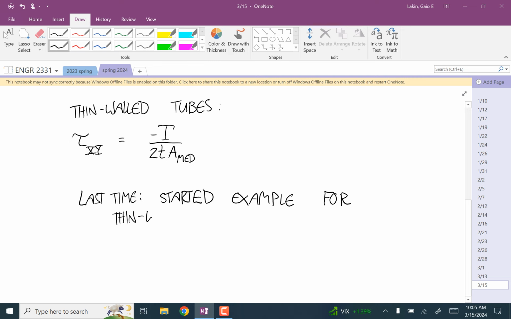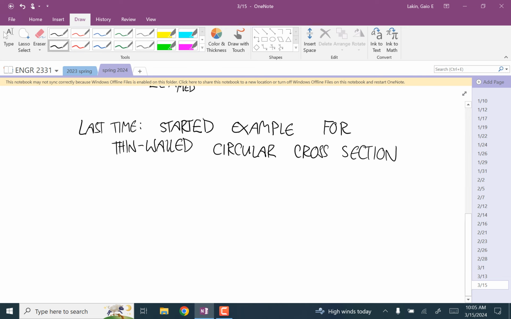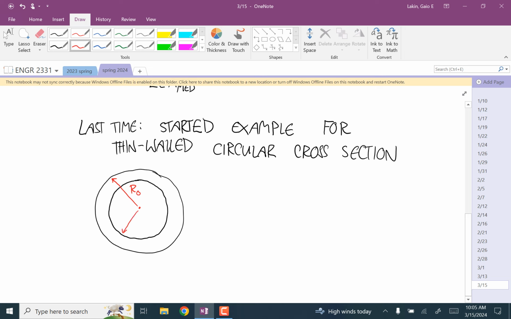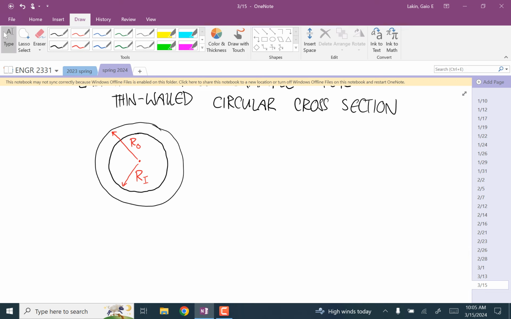So we're doing this for a thin-walled circular cross-section, where it looks like this. This is our outer. This is our inner. And we did the one for the thin-walled tube, I think, right?